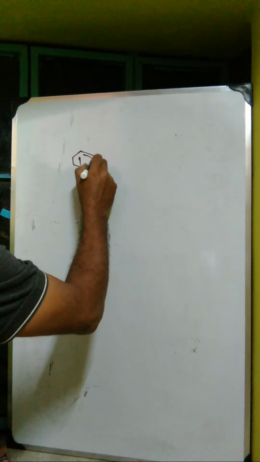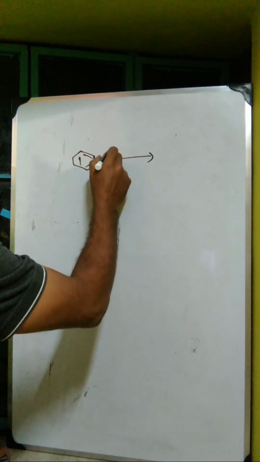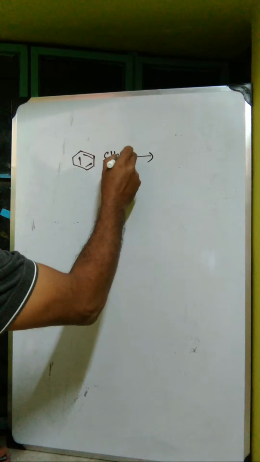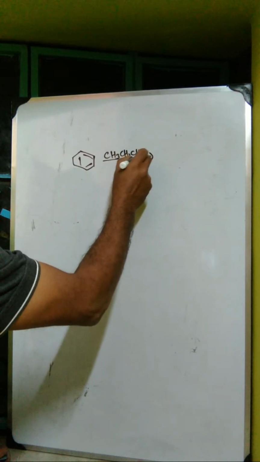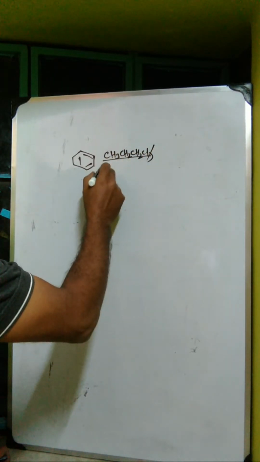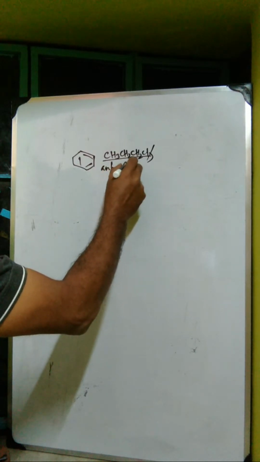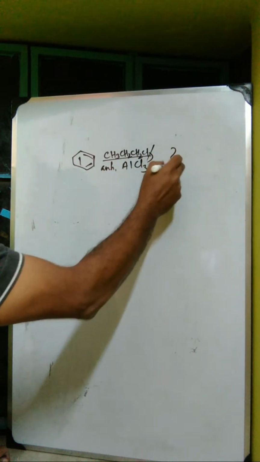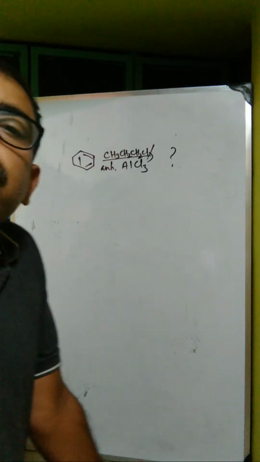Here, this is benzene. Now we are giving CH3CH2CH2Cl in the presence of anhydrous AlCl3, and let's see what happens.